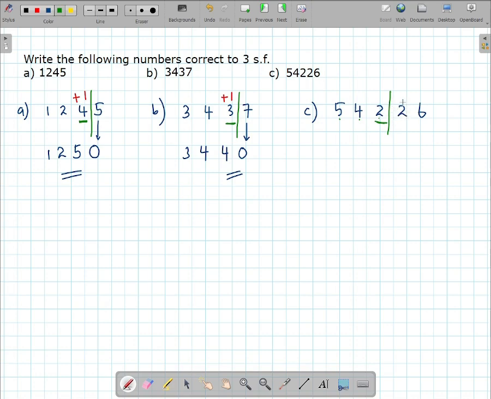If it is less than 5, you don't need to add 1 to the underlined digit. We leave it as it is. So it has to be 542. Then after the separation, we have 2 digits, and all of them become 0.